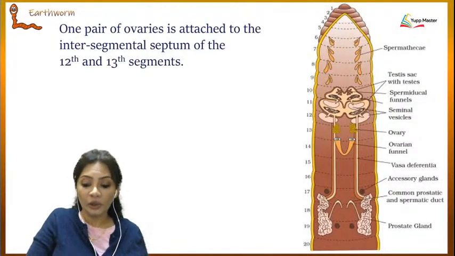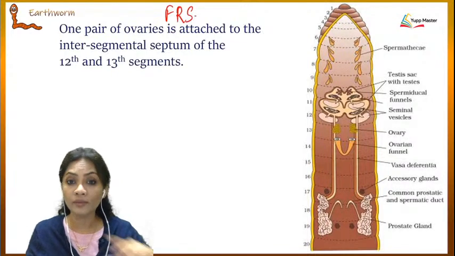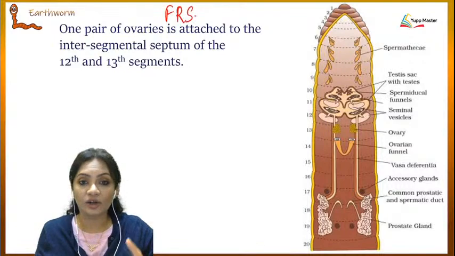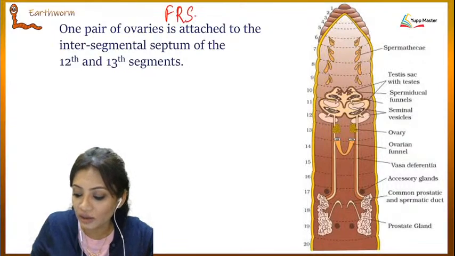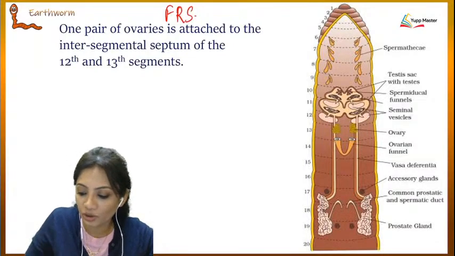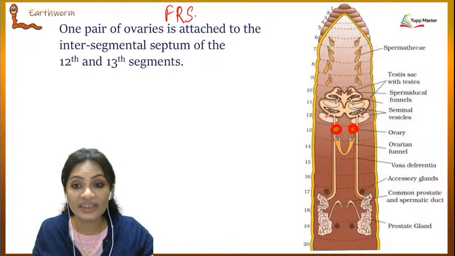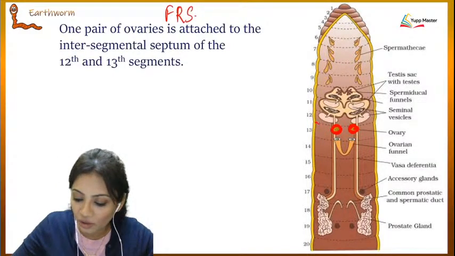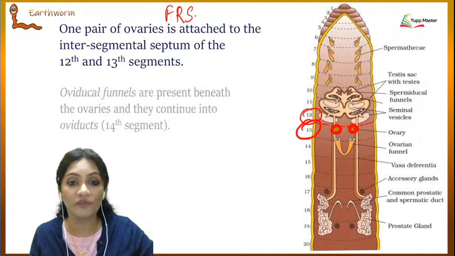Now, moving on towards the female reproductive system of this earthworm, we see first there is a pair of ovaries. Where are these ovaries? They are attached to the intersegmental septum. Look at this here, one ovary here, another ovary over here. The septum between the 12th and the 13th segment has one pair of ovaries attached.